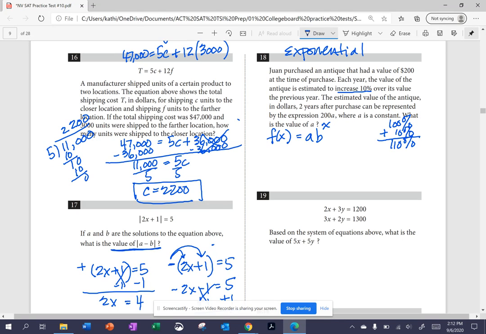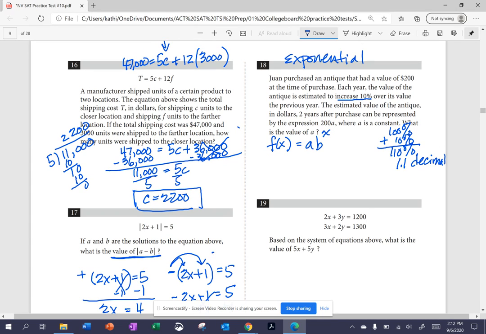So we talk in percent, but I work as an equation in decimals. Okay, so this is my initial value, and this is my rate b.